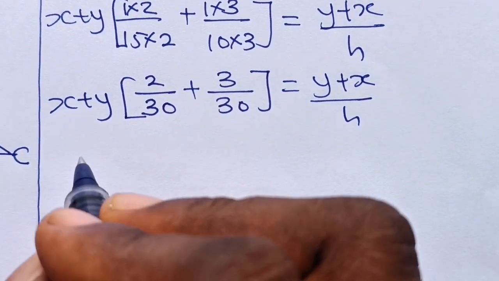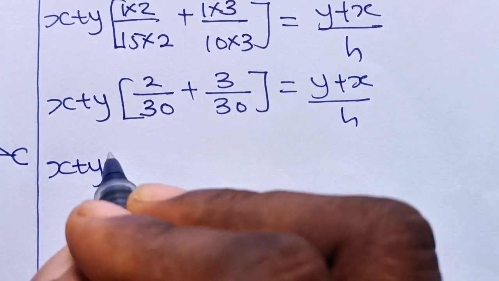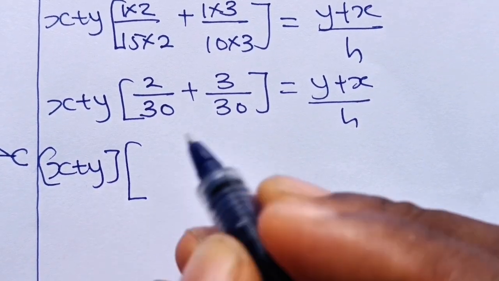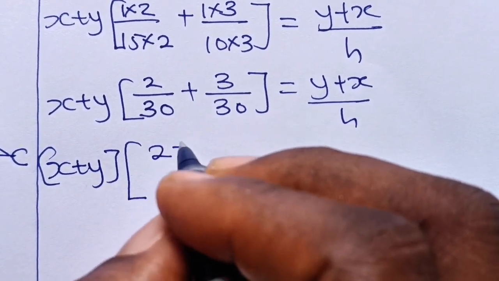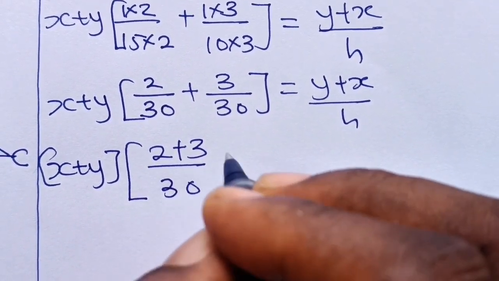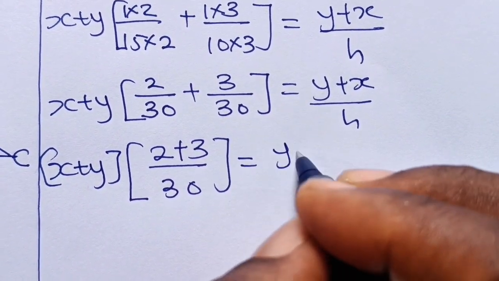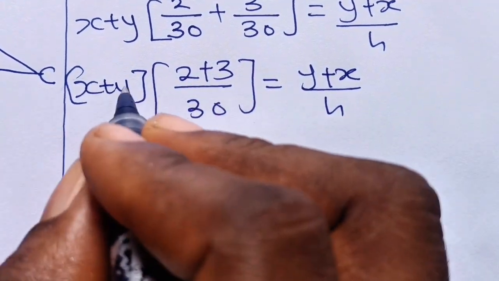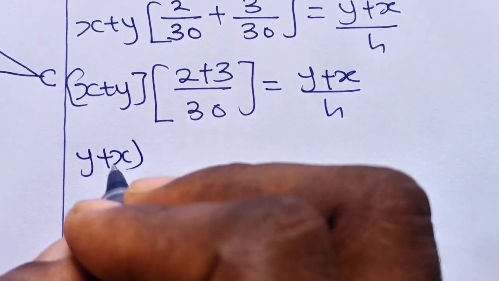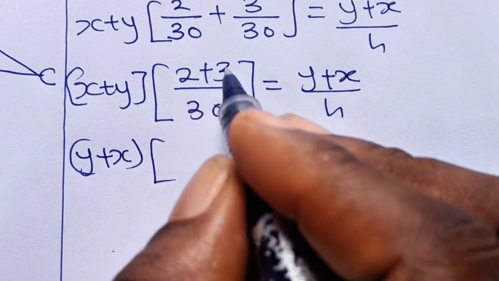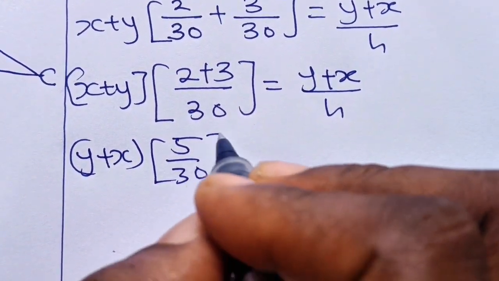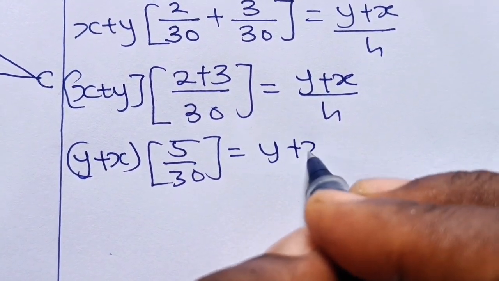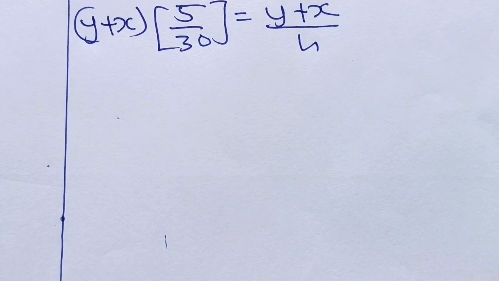So now we have (x plus y) into (2 plus 3) divided by 30 is equal to y plus x divided by h. So we have x plus y or y plus x, into 2 plus 3 is 5 over 30 is equal to y plus x divided by h.